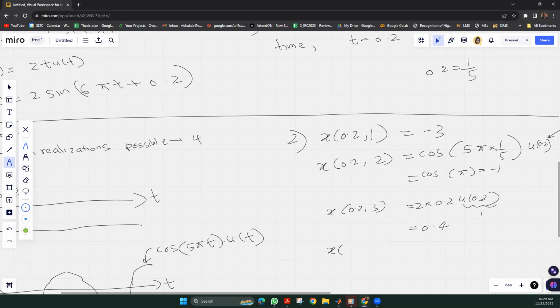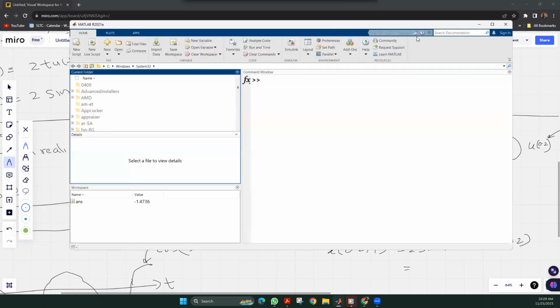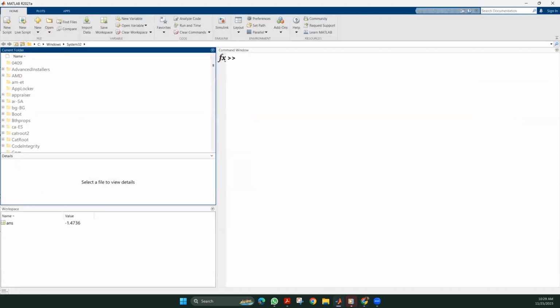Finally, we have the fourth realization, where we can find the value by substituting 0.2 into the function. If I feel that this is difficult, I can also use the MATLAB interface to find that.